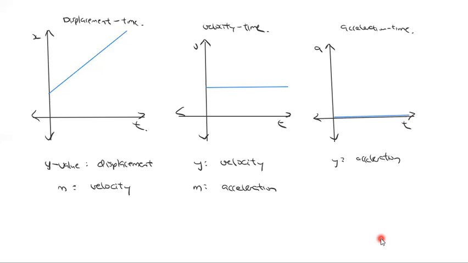So blue is one set of possibilities. You could have a straight line displacement time graph. You will then get a horizontal line for velocity time, and therefore that means acceleration will be 0. But of course, often things aren't quite so simple, but that's just the general gist. What if I had a horizontal line, but a positive value for acceleration? What would that tell me about my velocity time graph?